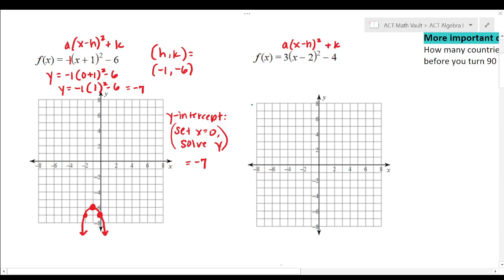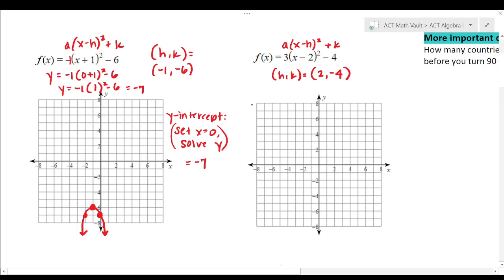See, that's where people go wrong, is they'll forget little negatives. So you can see right here the h is just positive 2, but then the k is negative 4. So I'm going to say my h, k is 2, comma, negative 4.